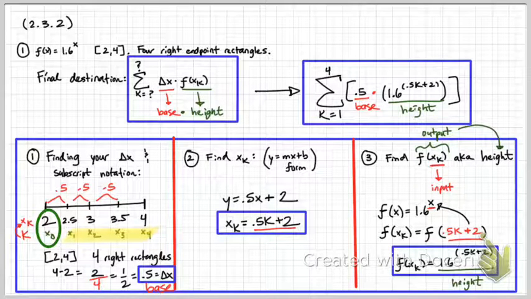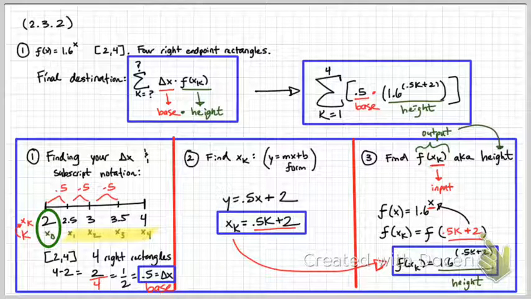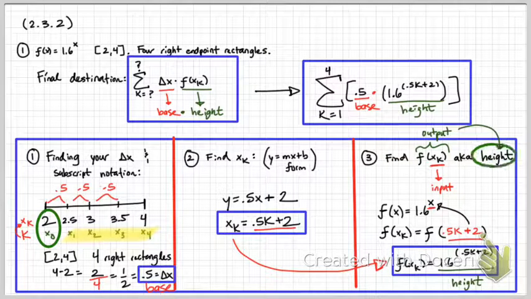Now, I give you this structure so you can see the evolution from finding your delta x to really the hardest part of this, which is steps 2 and 3, finding your x of k. And you can see this is why we did all this work in chapter 1 with composition of functions. We're taking our input, plugging it into our function in order to receive an output, and that output ends up representing our height.